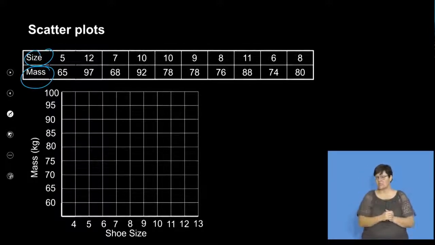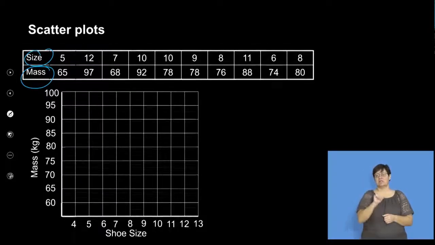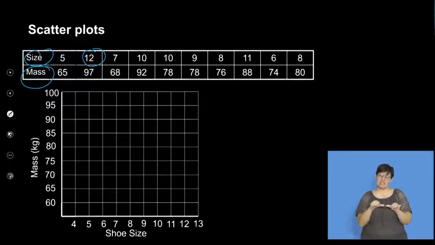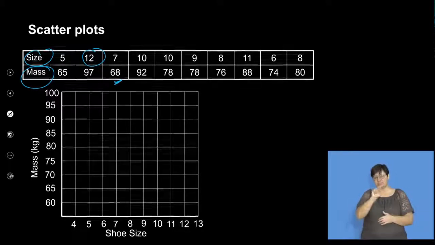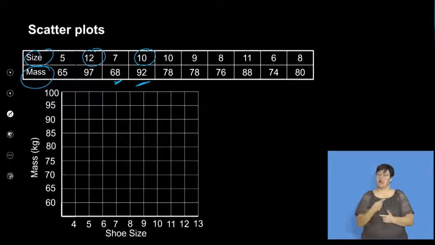We found that the shoe size was 5 and the weight was 65 kilogram. Another shoe size was 12 and weight 97. Another person, shoe size 7, weight 68. Another person, shoe size 10, weight 92, and so on.